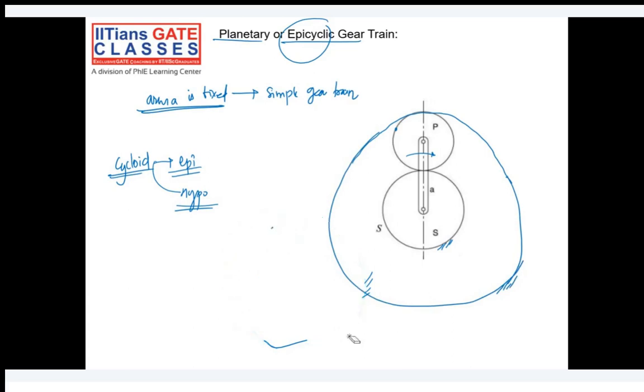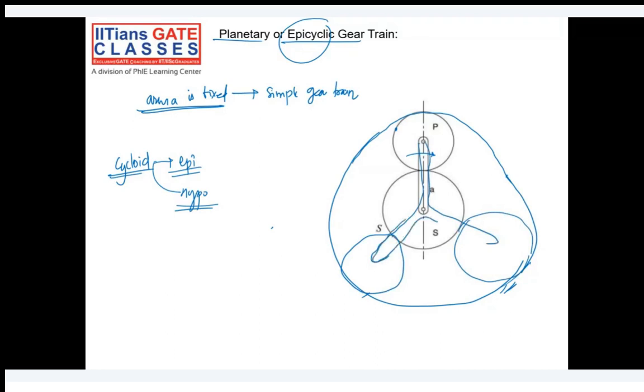If you are moving it, then in that case you will generate a hypocycloid. So this kind of gear train is also possible. You can have one more gear here, one more gear here, and connect all of them through a common arm.